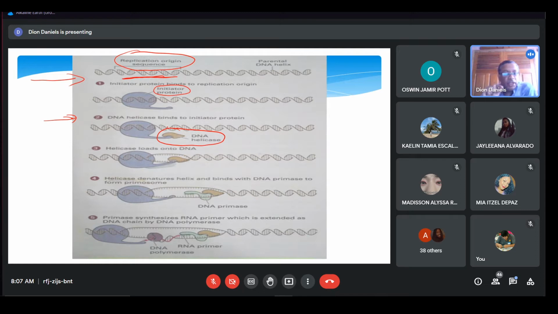The DNA helicase, remember, will be the one to untwist that DNA molecule, as observed here in step number 3. It says helicase unload onto DNA. And what is it doing? It is denaturing that DNA molecule right there, as seen in this diagram. So the DNA helicase is the one that is breaking those hydrogen bonds and denaturing that DNA molecule right there at the origin of replication, creating what is called a replication bubble.